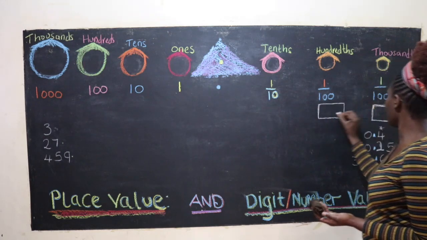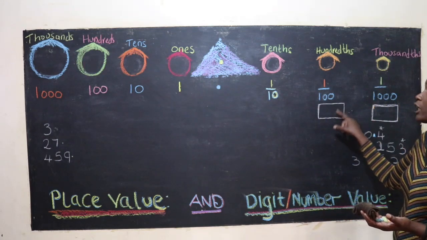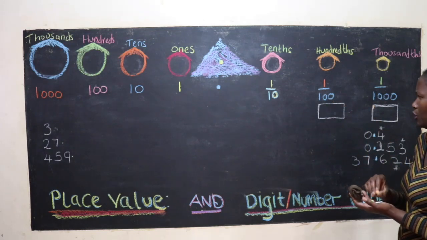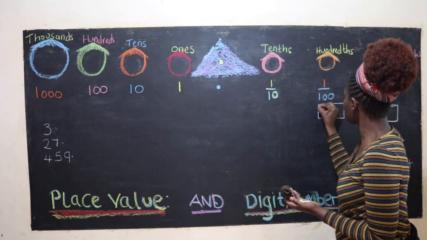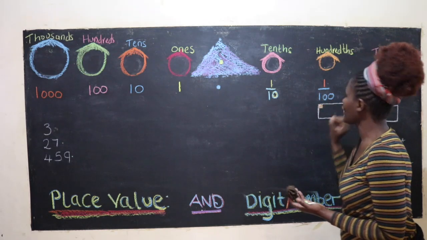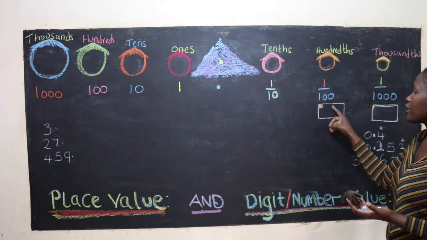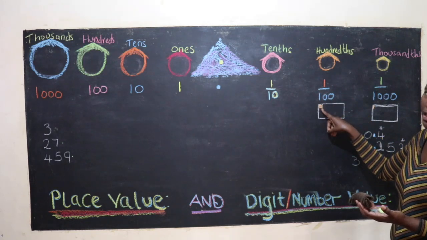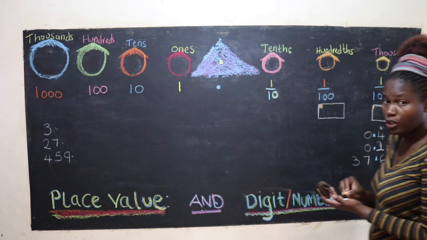Approximately the same. Then this one, we're sharing this one whole into 100 equal pieces. And I can imagine one piece would just be a little bit bigger. Can you see that? So, one piece out of 100 tiny little pieces is what we call 100th. And this is the place value or the home.